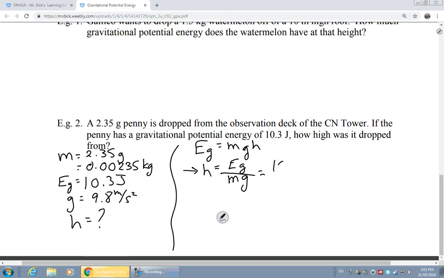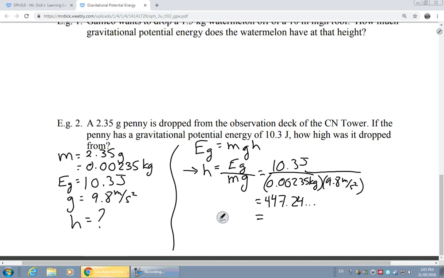Let's substitute in what we know. We've got 10.3 joules. That mass is 0.00235 kilograms multiplied by 9.8 meters per second squared. And when we divide all of that out, you get 447.24, and then it kind of goes on like that with some other decimals.